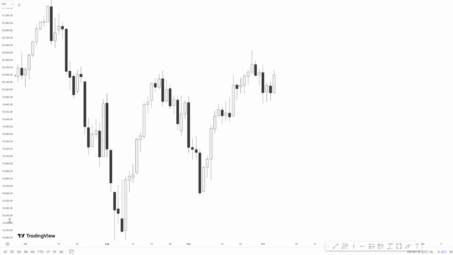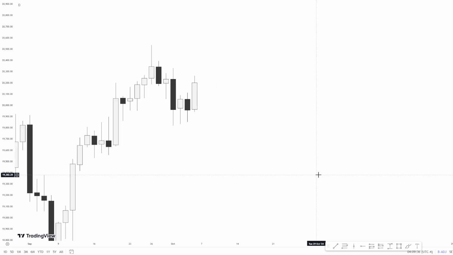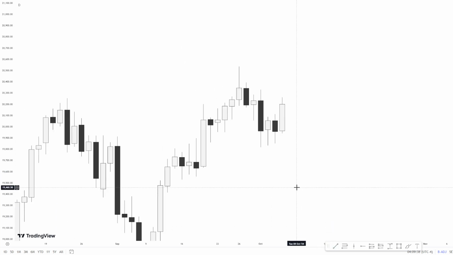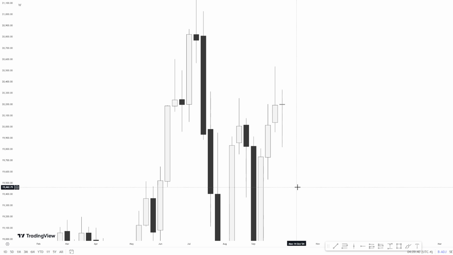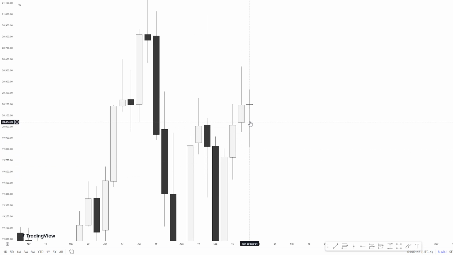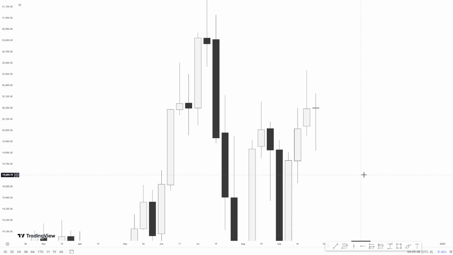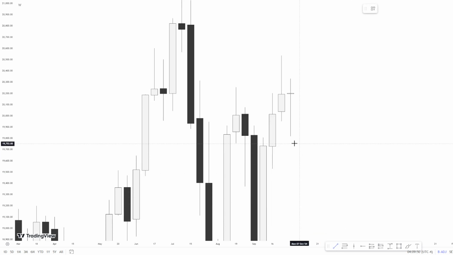So going into the new week, right now I really have no opinion. Like I have no opinion on this. As you can see, we closed with an indecision candle on the weekly time frame. So I really don't know what to expect going into next week. So we had a long week to the downside.